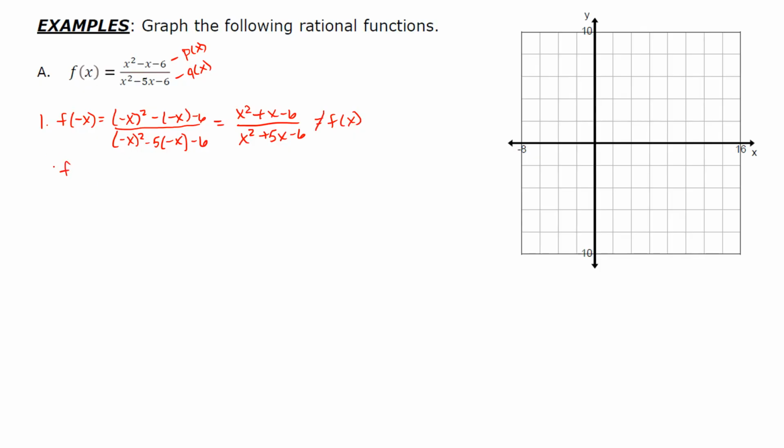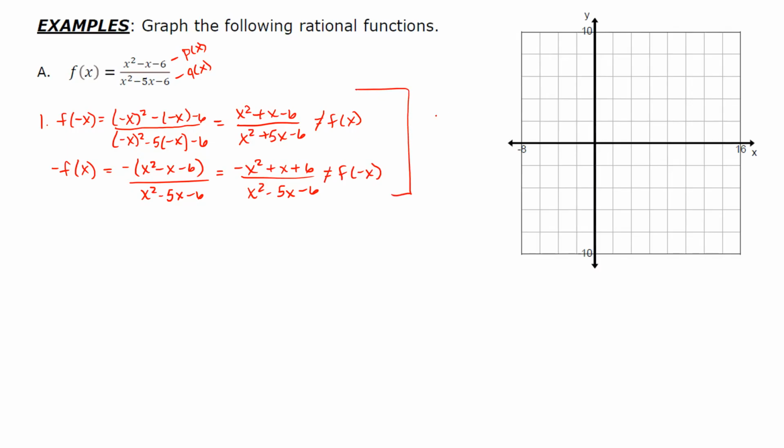Then we'll test negative f of x. That's negative of x squared minus x minus 6 over x squared minus 5x minus 6, and we'd have negative x squared plus x plus 6 over x squared minus 5x minus 6. And this does not equal f of negative x.